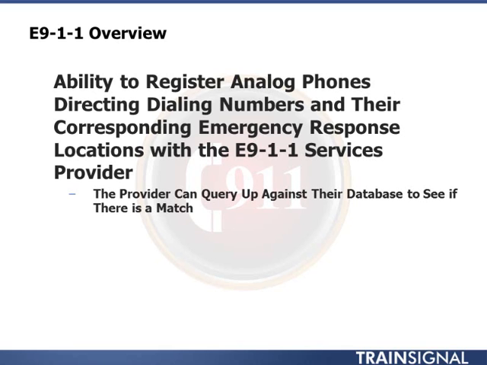The query on the database is going to look up the direct inward dialing number and see if there's a match for a location. If they do have a match, the call can get routed over to a local public safety answering point. If there isn't a match in the database, your call gets routed over to a regional emergency call response center, and they'll verify your address verbally before routing your call over to a local public safety answering point.